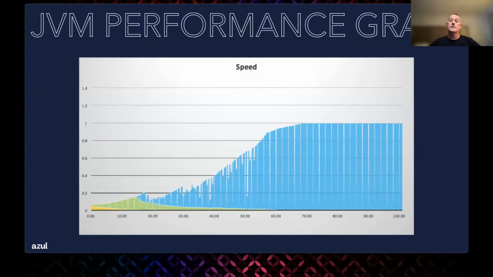And if we take a look at a JVM performance graph, we see these 3 different colors here: yellow is the interpretation phase, then the green part that you see there is the C1 and C1 profiling phase, and then the blue part is the C2 compiler. You already see that it doesn't take forever to get into the C2 phase, right? So it's fast to get there.